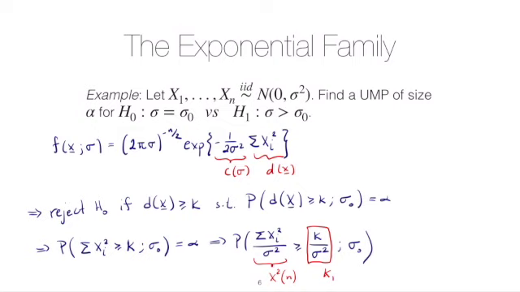So we would just be finding a specific value, this k1, such that we would reject if a chi-squared random variable is greater than or equal to the value that makes the probability of landing in that region alpha.